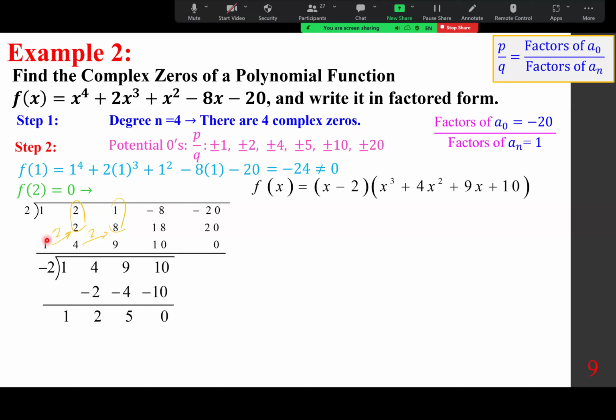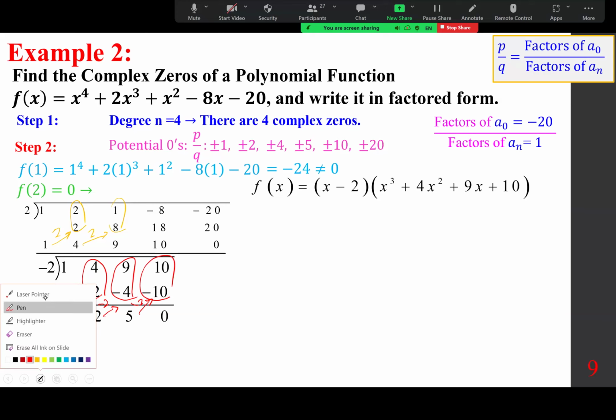So these numbers 1, 4, 9, 10 go here. You drop the 1, then multiply by negative 2 and add them up, you get 2. Multiply by negative 2 and add them up, you get 5. You multiply by negative 2, you add them up, you get 0.